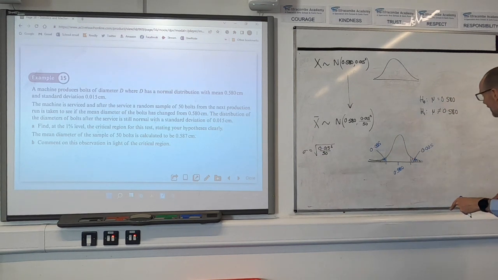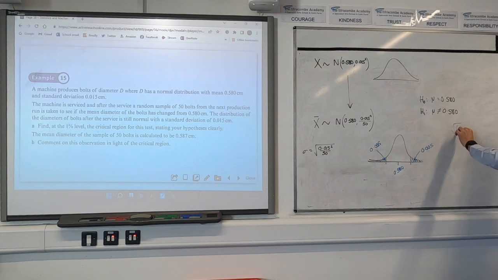So the way I found I had to do it was I had to type in square root and then open some brackets, 0.015 squared divided by 50, close some brackets, just to make sure it's all under the square root sign. It may be that I'm being overcautious with the brackets, but I just wanted to be careful.